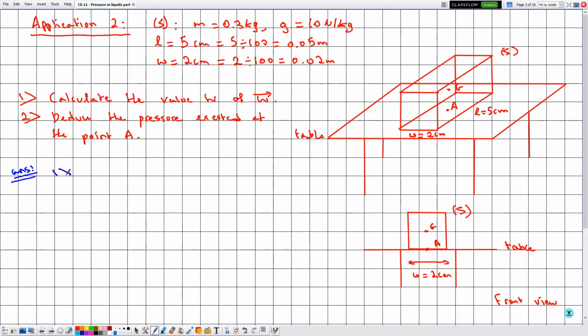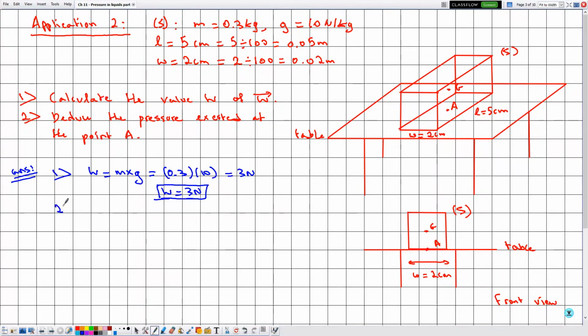So number 1, calculate the value W of W. So we know the mass, we know G, then W is given by M multiplied by G. The value of M is 0.3 and the value of G is 10. So this is 3 newtons. So what does W represent? It's the magnitude of the weight acting on the solid S.